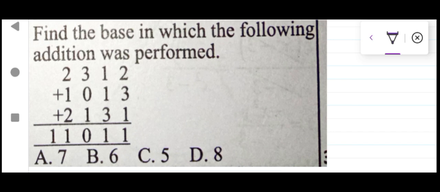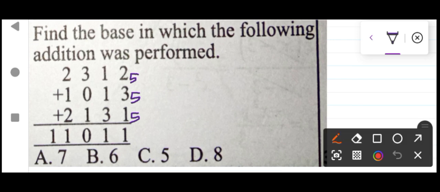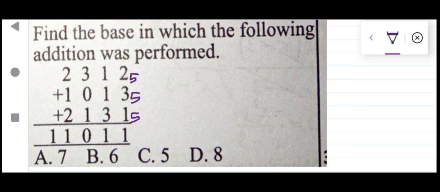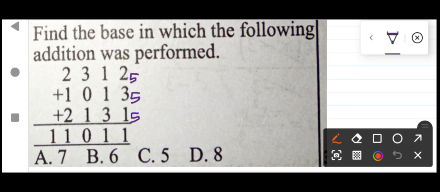And now we need to try the other base, which is base 5. So we have to change this to base 5, and let's see if this is correct. Now we need to add this together. 2 plus 3 is 5, plus 1 is 6. So we count 6, 1, 2, 3, 4, 5, 6.